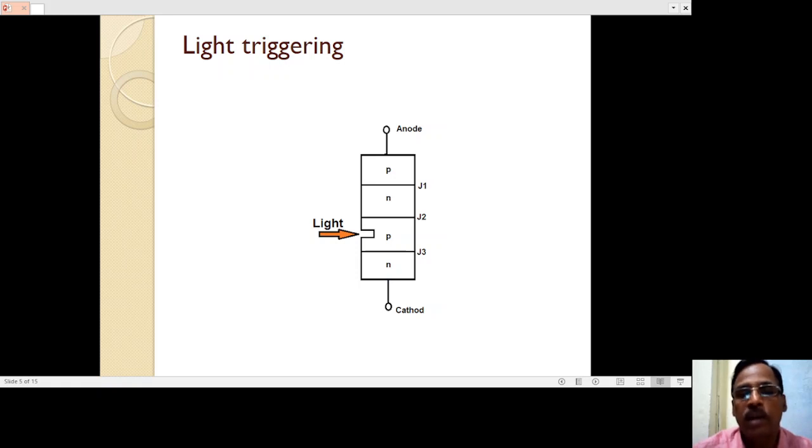Earlier junction J1 and J3 are in forward bias condition because it is in forward bias condition. So after increase of intensity of light, junction J2 becomes conducting and your SCR will turn on.